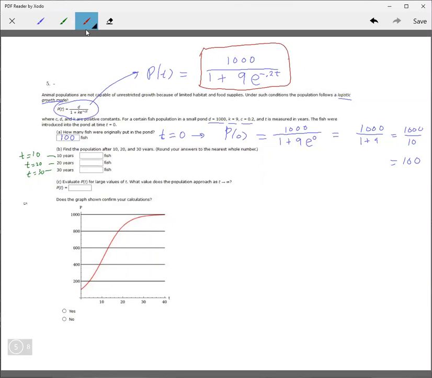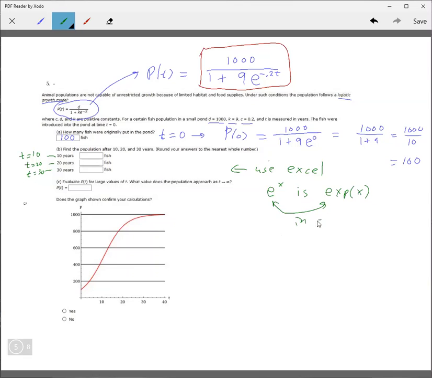Okay, so for this part, we're going to use Excel. And one thing to know about Excel is e to the x is exp of x, okay? So exp is the Excel notation for that. Exp will be the e, okay?